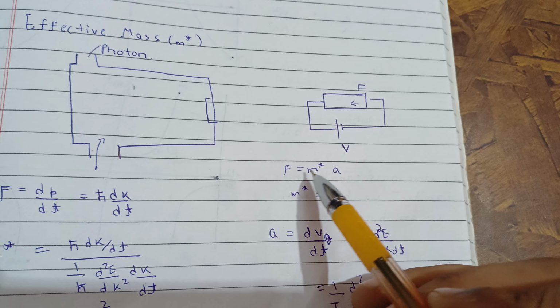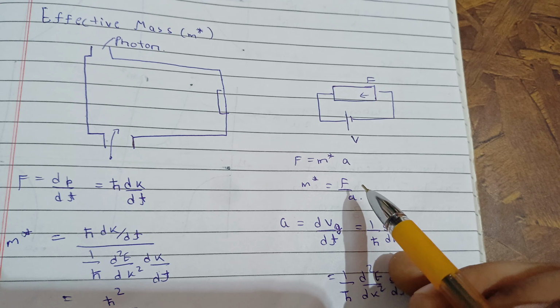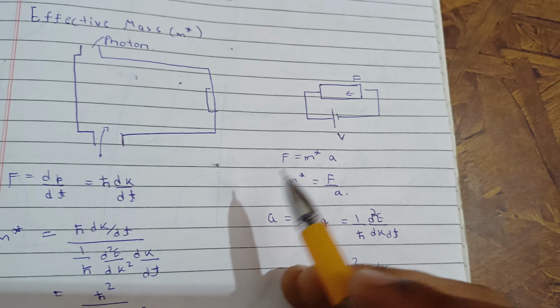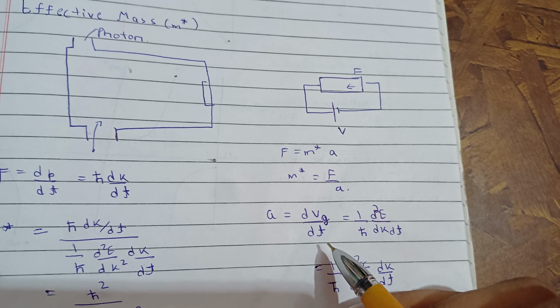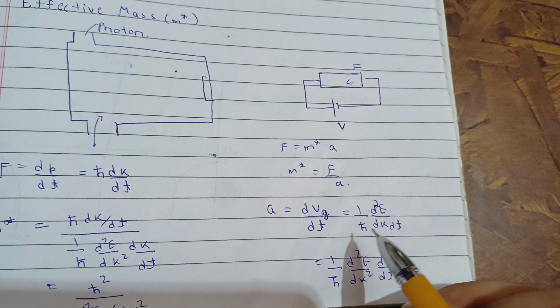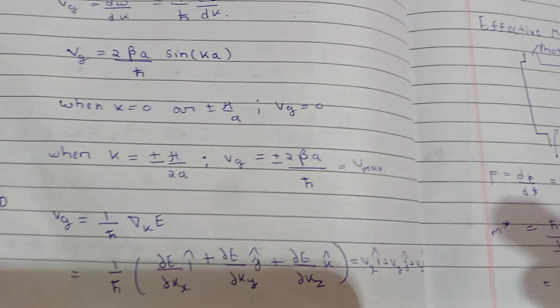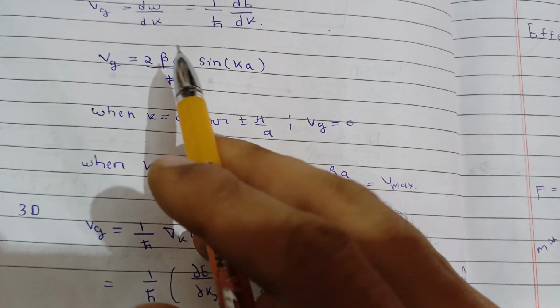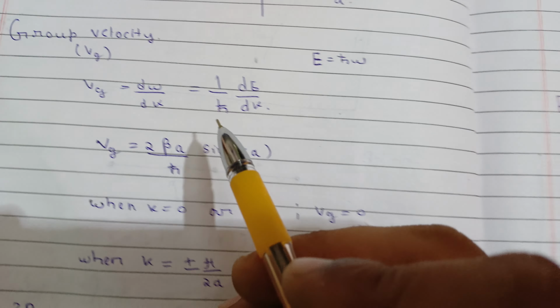Force will be what? F equal to ma. So m star represents the effective mass, m star equals F upon a. Now what is acceleration? Acceleration is dVg by dt. Here it is group velocity. Now we know the value of Vg. Vg is nothing but 1 upon h cut dE by dk.